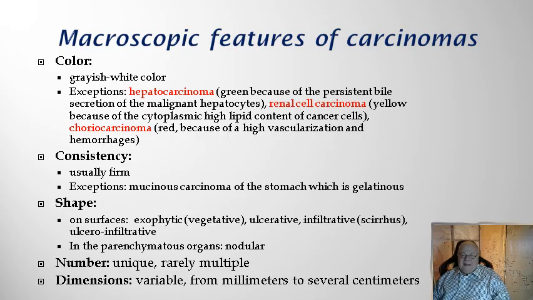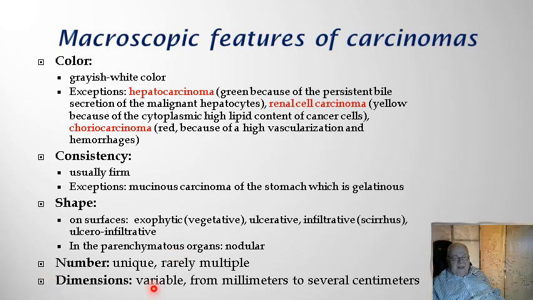Otherwise, respecting all the rest of the characters for a malignant tumor, meaning growing rapidly, infiltratively, generating metastasis, and so on. Usually they are unique, but they can sometimes be multiple.